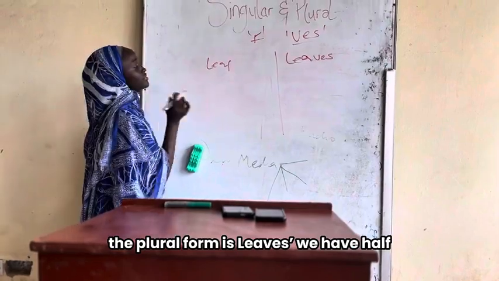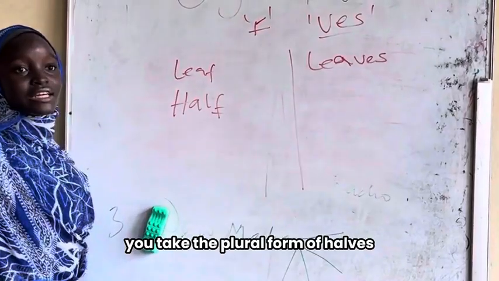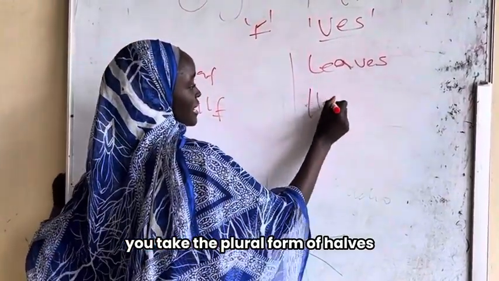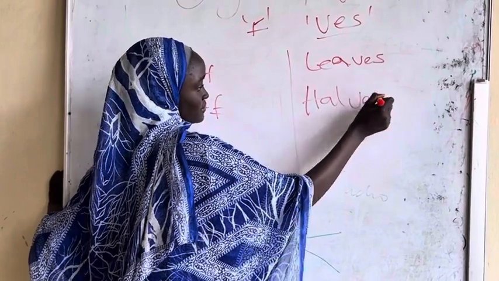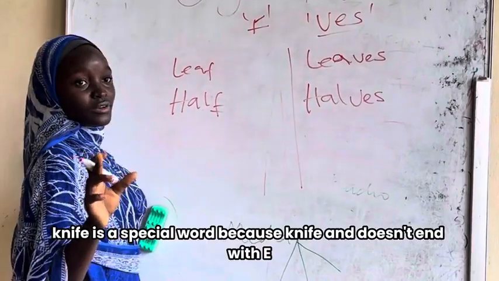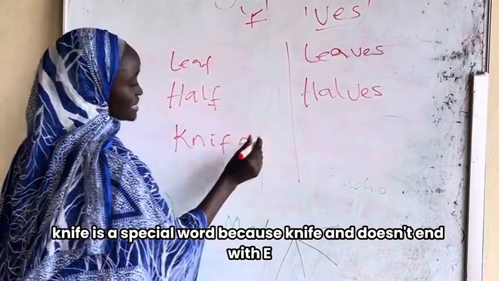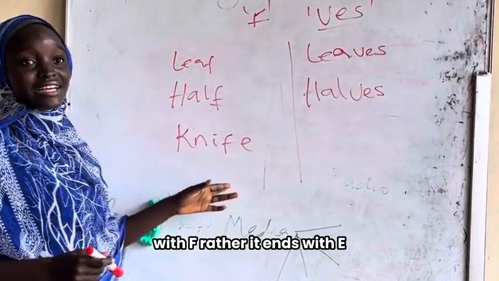We have half. When you divide an apple into half, you take the plural form of halves. We have the word knife. Knife is sharp. Though knife is a special word because knife doesn't end with f, rather it ends with e.